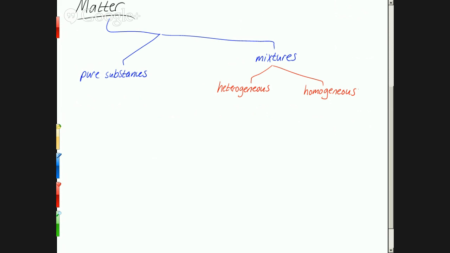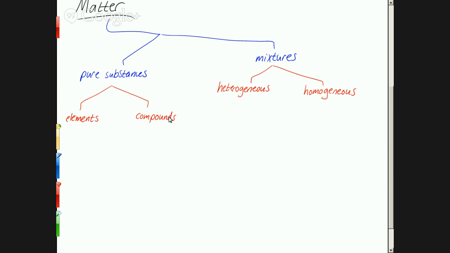And we're going to talk about 2 types of pure substances: elements and compounds. We're going to try to put some things into these categories.